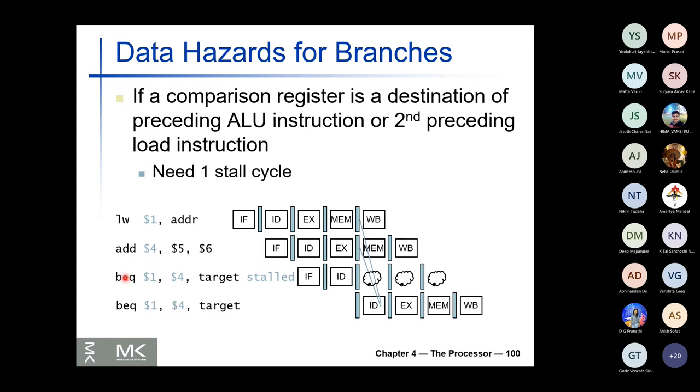So therefore, if the branch instruction is close to the previous one, whose destination is the source of the branch, then you need one stall here. So you have one stall earlier and also one stall for the successor instruction.